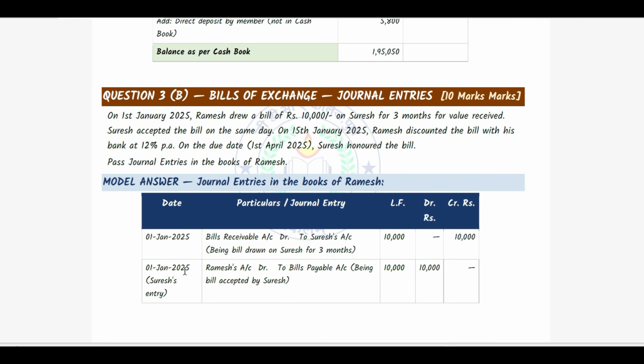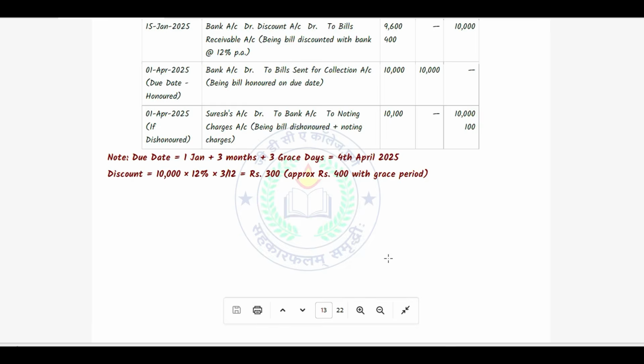Then on 1st January 2025, Ramesh account debit, the bill accepted by Suresh, that is of 10,000 rupees. So credit 10,000, and then again debit of 10,000 rupees.